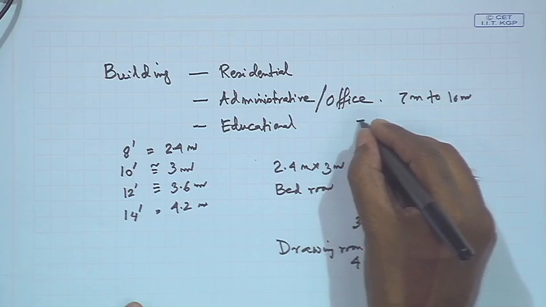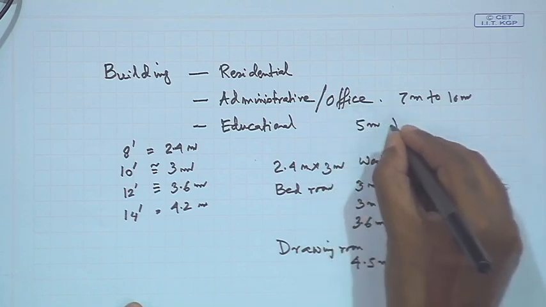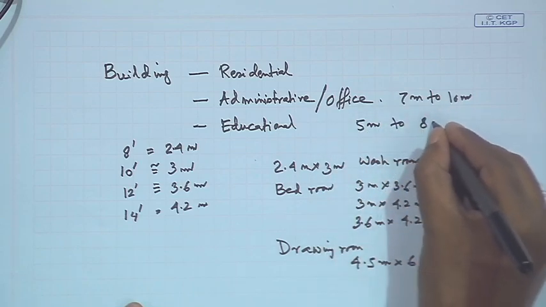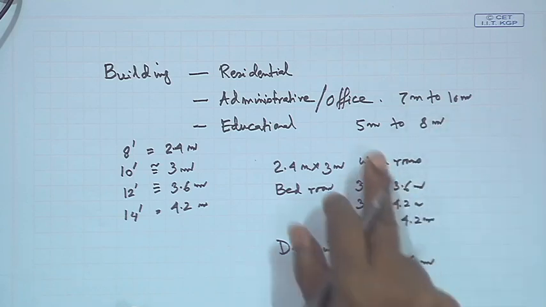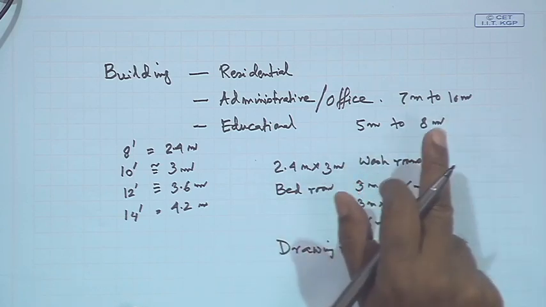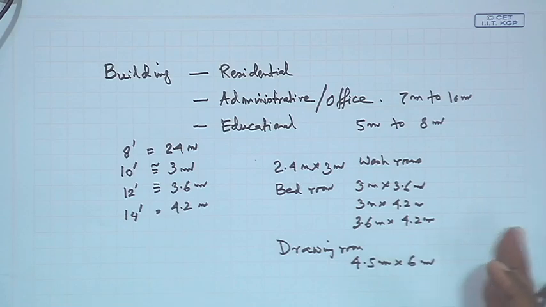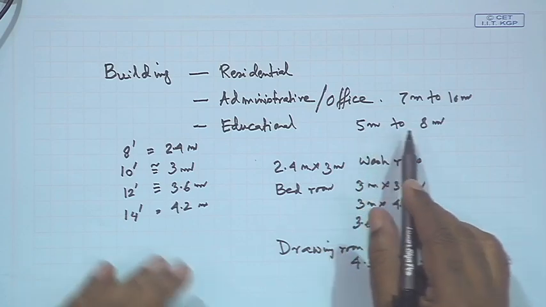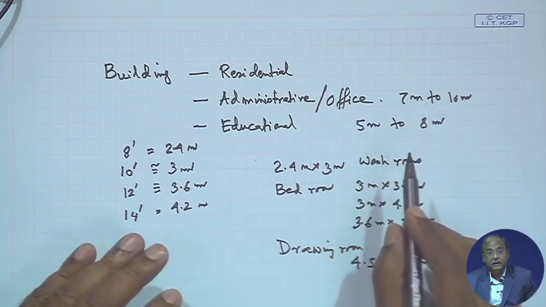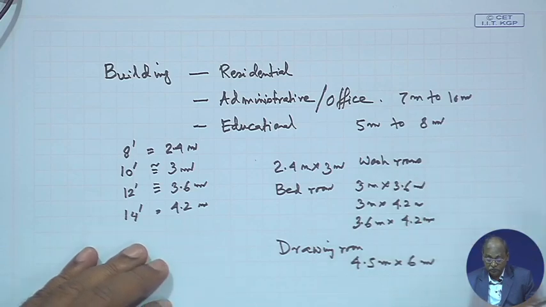Educational buildings you can find in the range of say 5 meter to 8 meter. This is the requirement between two columns, this much of gap. That is the idea, that particular one we should know and we should use it.